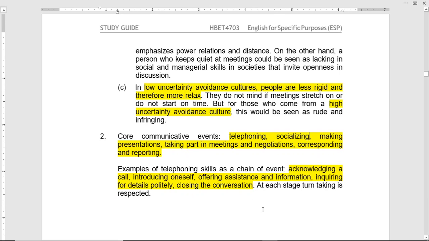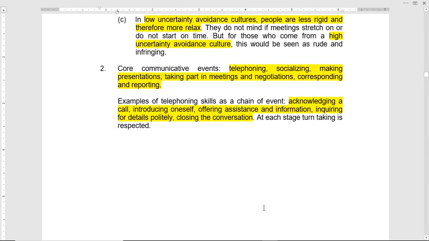Then ending of the conversation. They are polite manners of business communication. So, let us read further in this book and reflect and see how we can apply these situations to our assignment as well.